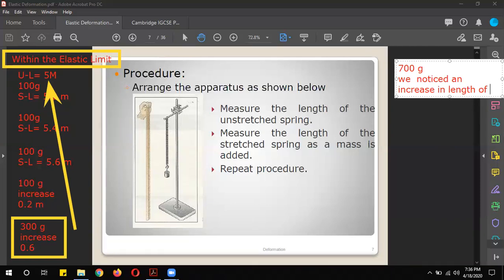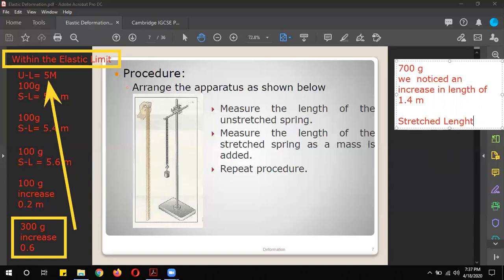So 0.2, so 7 2s are 1.4 meter. So the stretched length becomes 6.4 meter. But this is in the elastic limit.